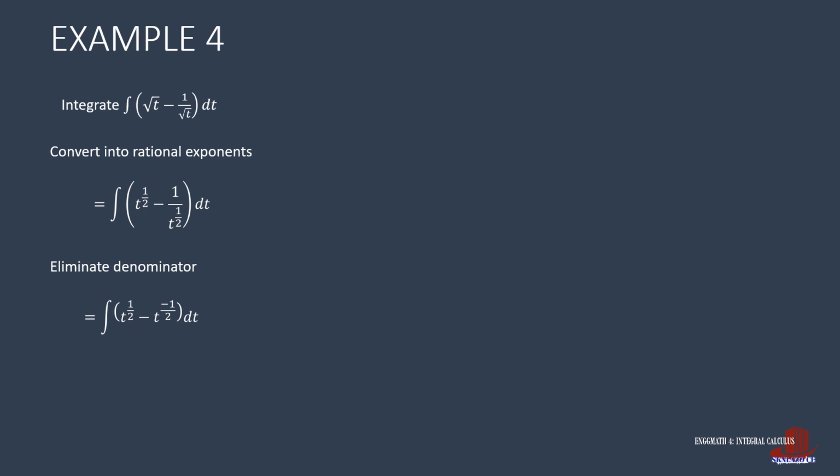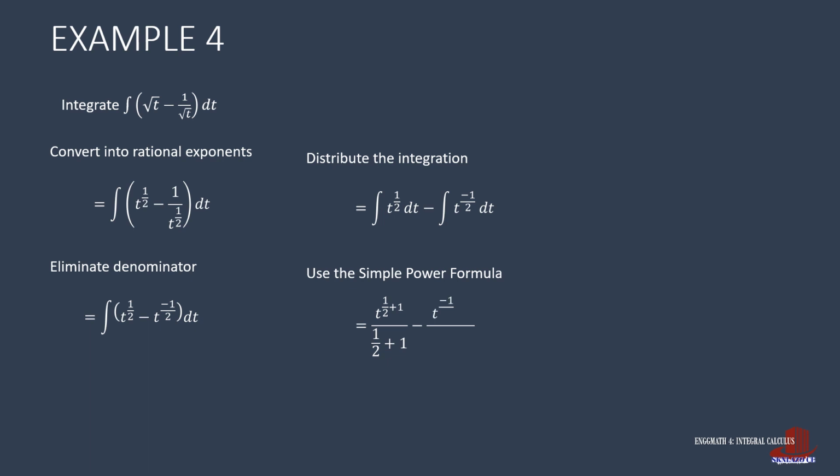Having simplified the function, distribute the integrand among the terms, t raised to 1/2 and t raised to negative 1/2. Then use the simple power formula. That would give t raised to 1/2 plus 1 over 1/2 plus 1 minus t raised to negative 1/2 plus 1 over negative 1/2 plus 1. Then add c.